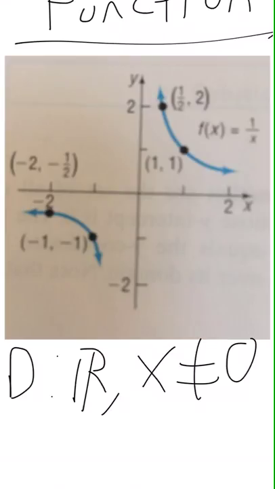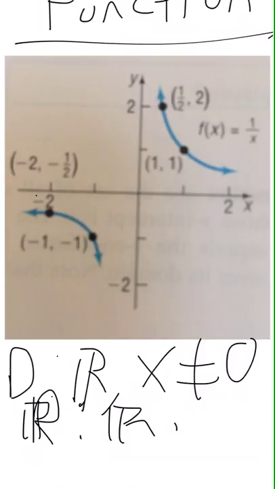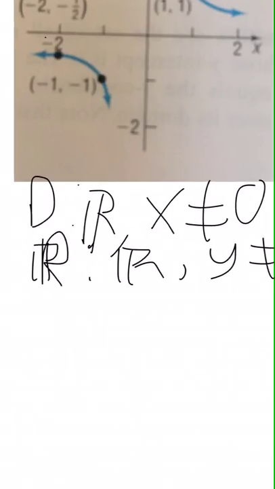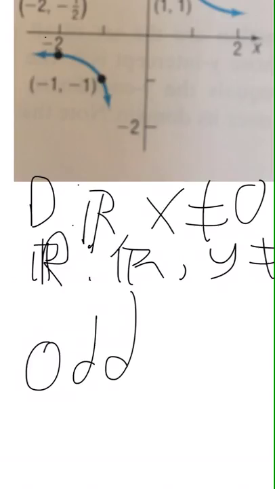If you notice for the y values as well, for the range, y can never equal 0 either, because there's a horizontal asymptote where y is 0, so the range would be all reals except that y cannot equal 0. Since it's symmetric about the origin, this would be an odd function.